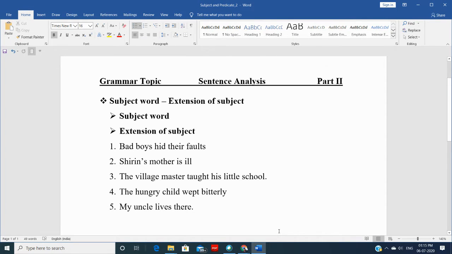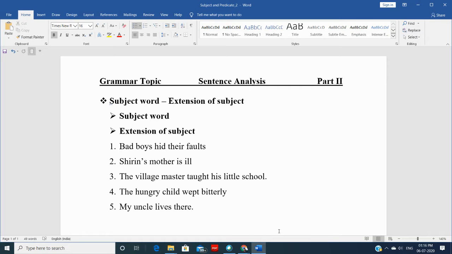Hello everyone. So let's continue our discussion about sentence analysis, one of our grammar topics, and this is part two. Now, in our first part, we already talked about the basic explanation of subject and predicate. In that, we did talk about how the subject part of a sentence may contain one word or more than one word.